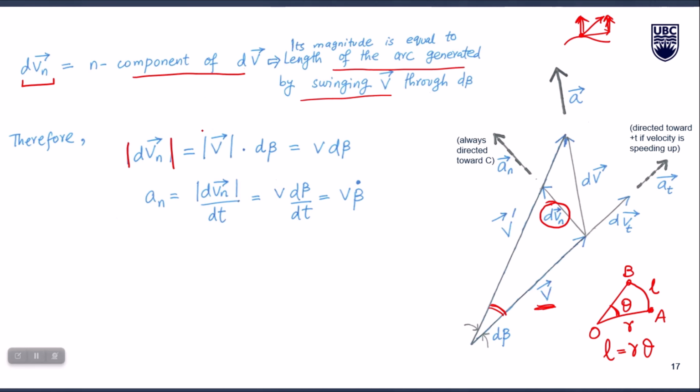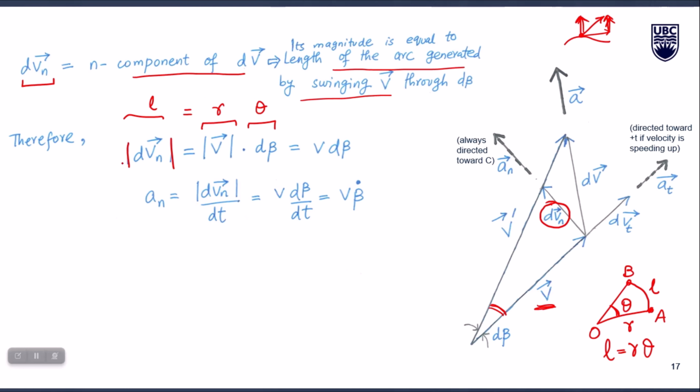It will simply become the magnitude of the v vector times the angle. So this is like r times theta, right? And this is equal to, for example, that length, right? So r is the magnitude of the v vector, and it rotated through an angle equal to d beta. This will simply become v d beta, right? Where v is a scalar quantity representing the length of the v vector, right?